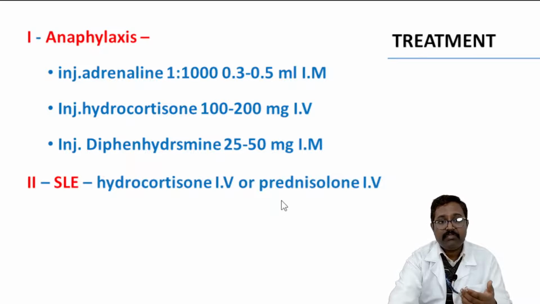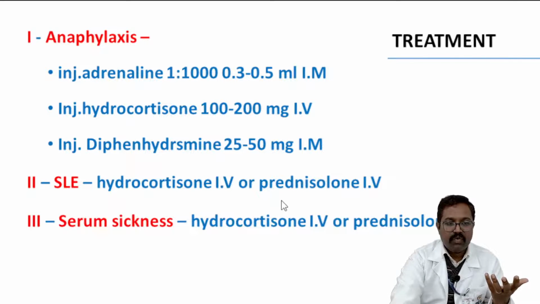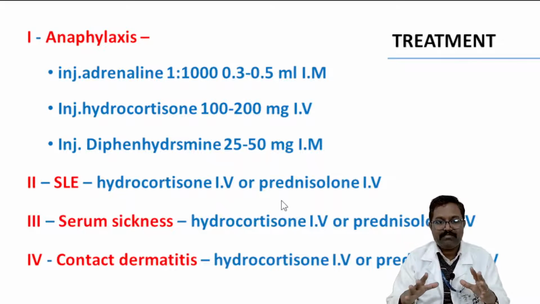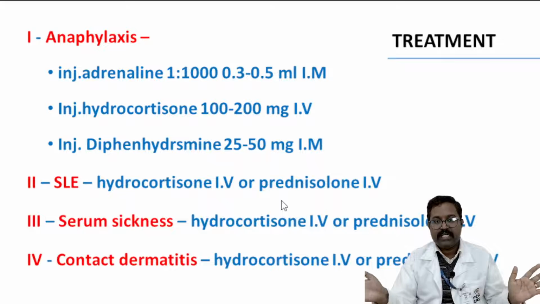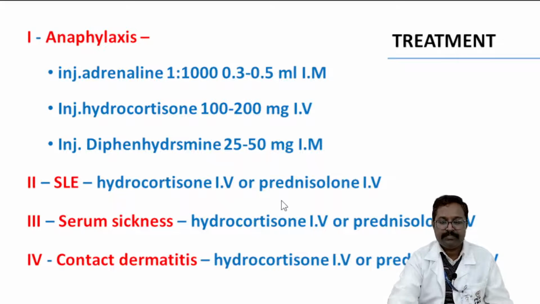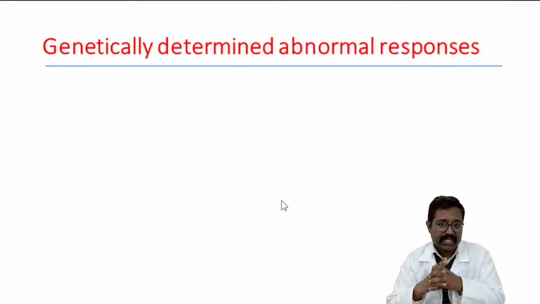And what is the treatment for the other types of hypersensitivity reaction? For type 2, type 3 and type 4, the best drug is corticosteroids, that is, hydrocortisone IV or prednisolone IV. Next, coming to the genetically determined abnormal responses.